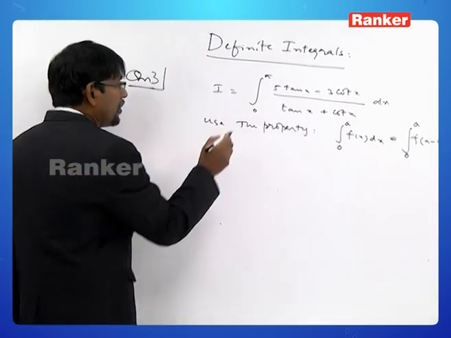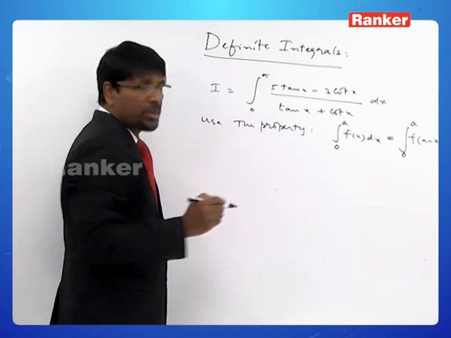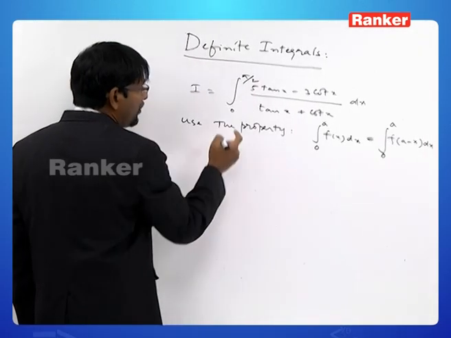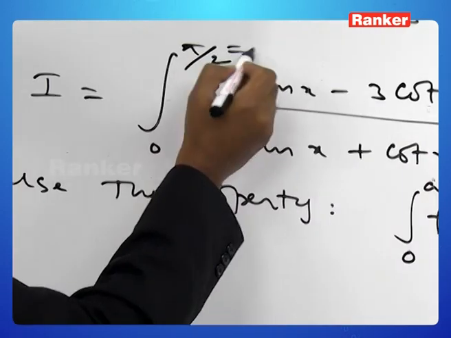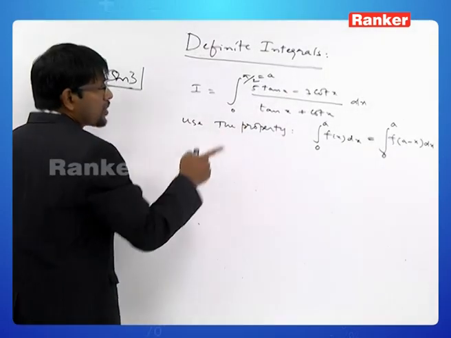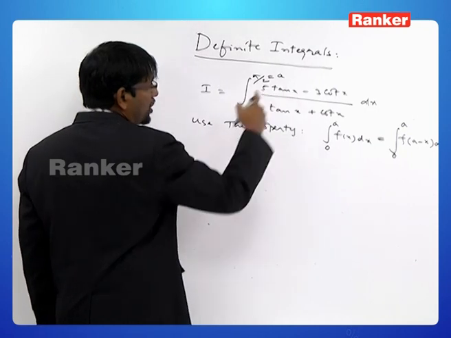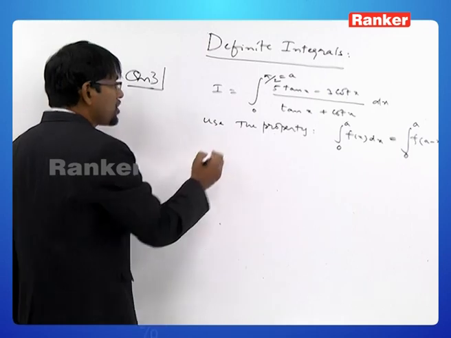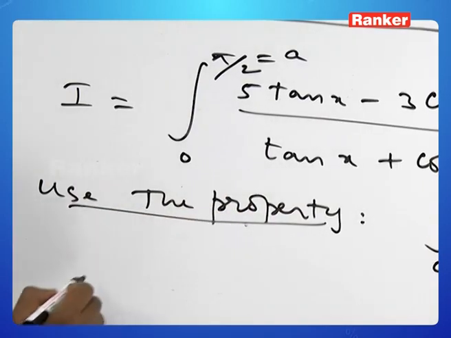So we'll use that property here. Integral is from 0 to pi by 2. So now even if I replace, what is playing the role of a? Pi by 2. So if I replace x with pi by 2 minus x, there should not be any change by this property. So let's write it.